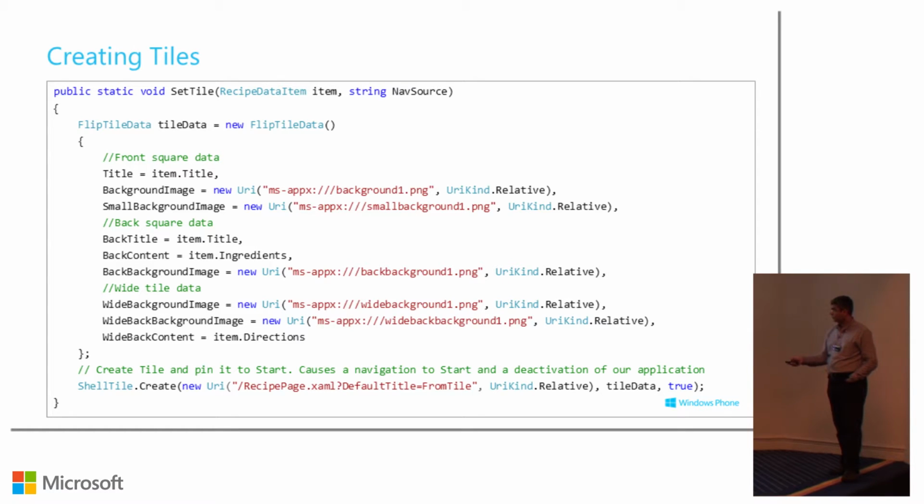You could come to the recipe page from the main page, or you could come from the tile. So this URI is now indicating that you are coming to the page from the secondary tile, right? And this is important. Why? Because you may want to have the same kind of experience of going back from the secondary tile to the closed state.